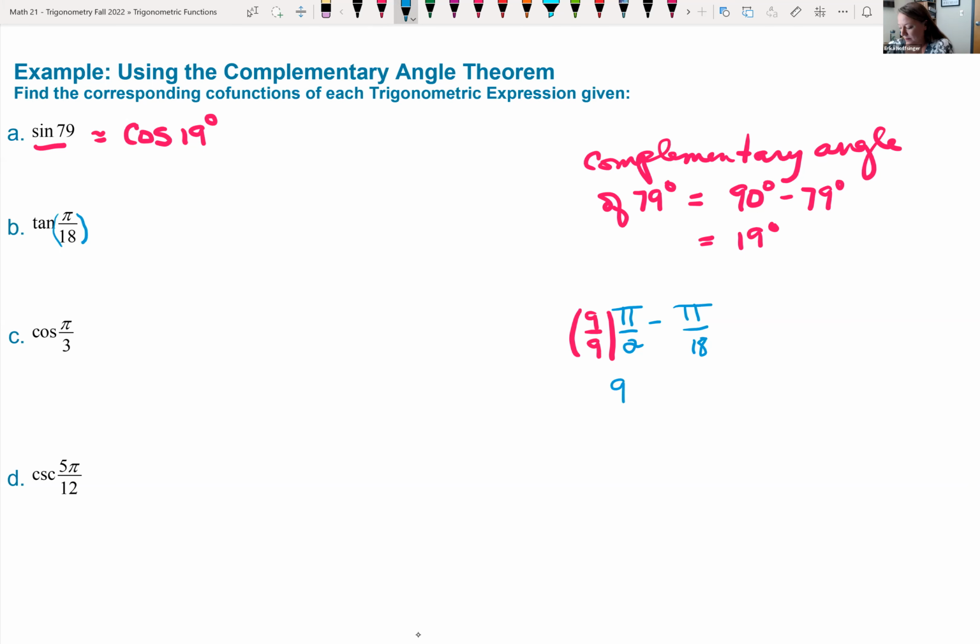So we get 9 pi 18ths minus 1 pi 18ths, which is equal to 8 pi 18ths. Let's reduce that, they both have 2 in common, so that is 4 pi over 9. So tangent of pi 18ths is the same thing as cotangent of 4 pi over 9.